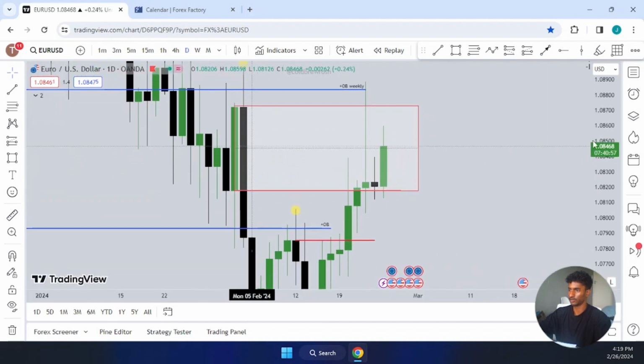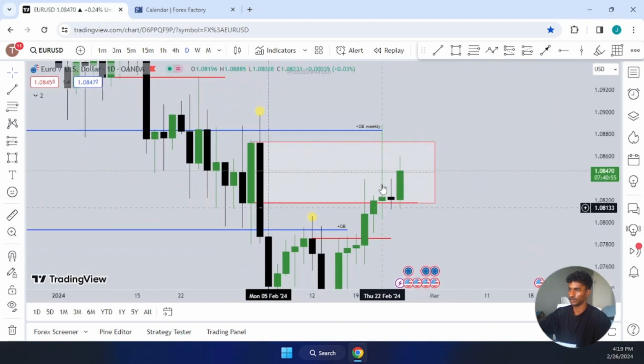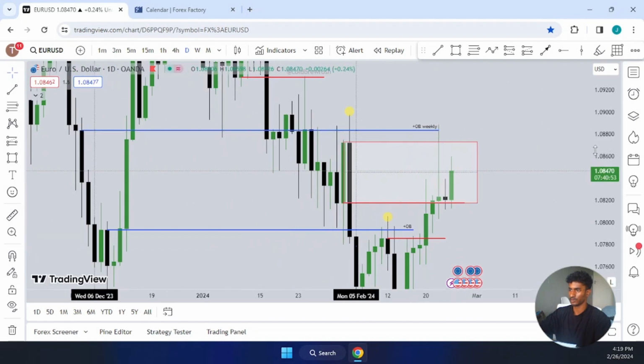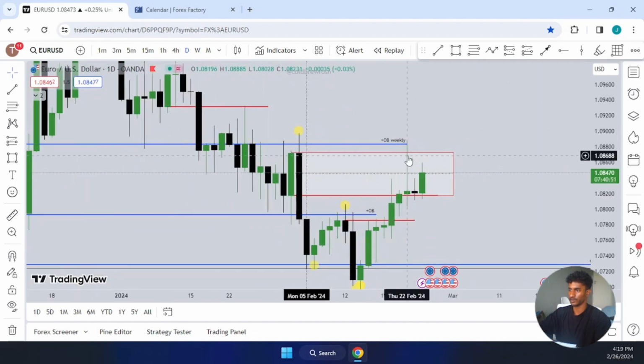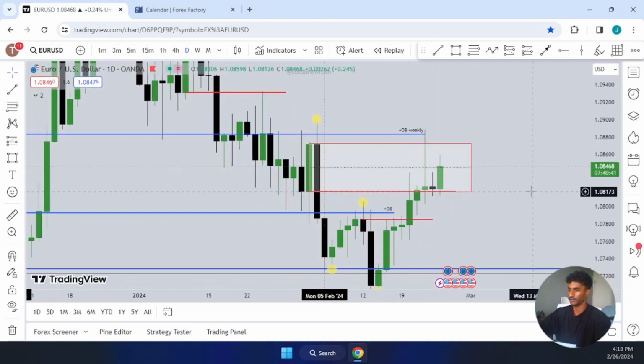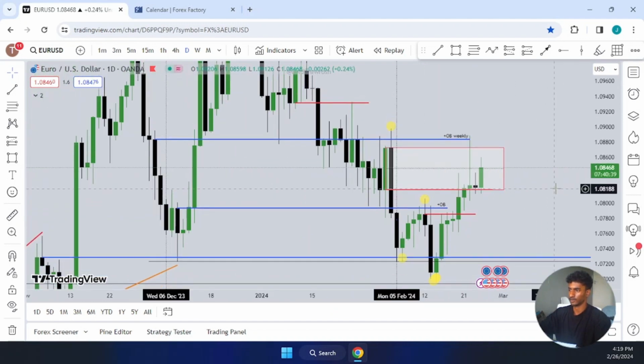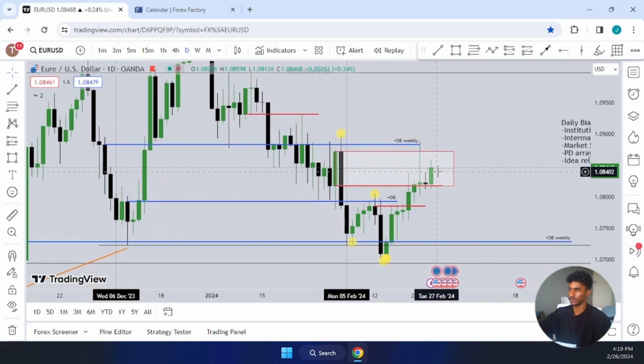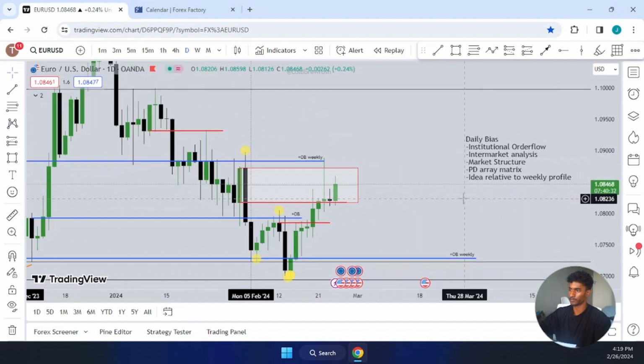So right now, we can see that price did trade up through this and then respected it, and now we're seeing price trading up here. If price closes above this mean threshold, it's not completely violated, but I will go with the idea that price is more probable to just carry on continuing up.